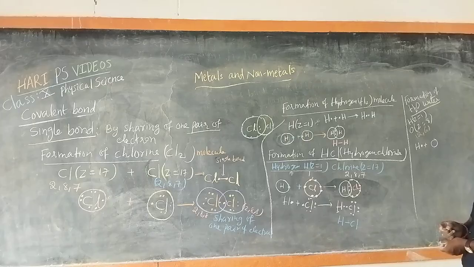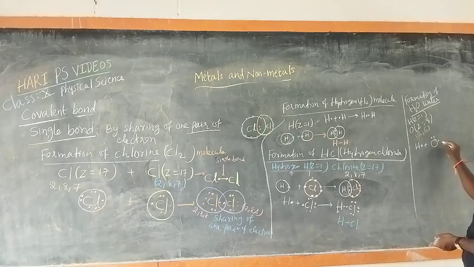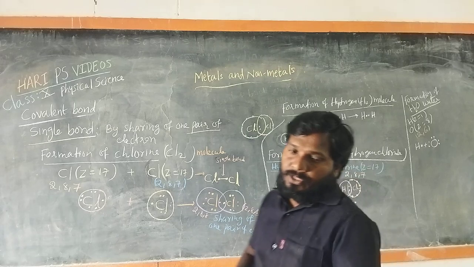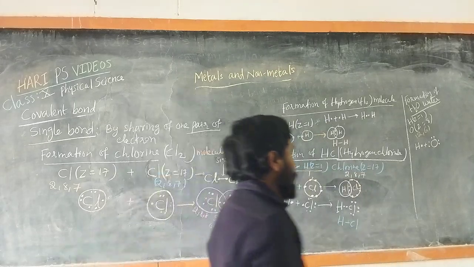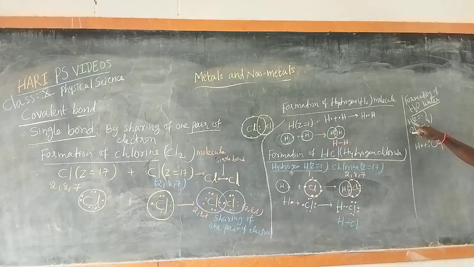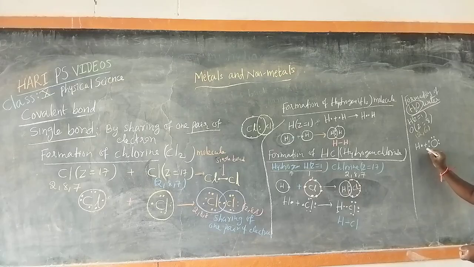Oxygen has 6 electrons. So this is the electronic configuration. Whenever we observe the water molecule H2O, there are two hydrogens.